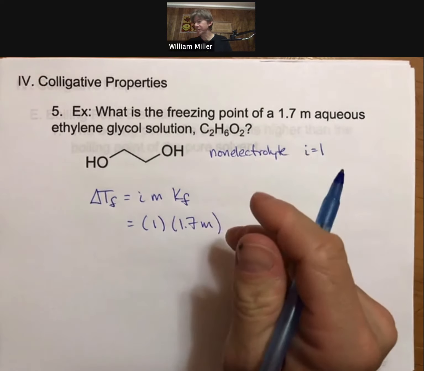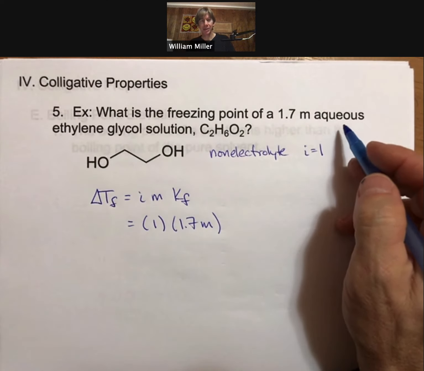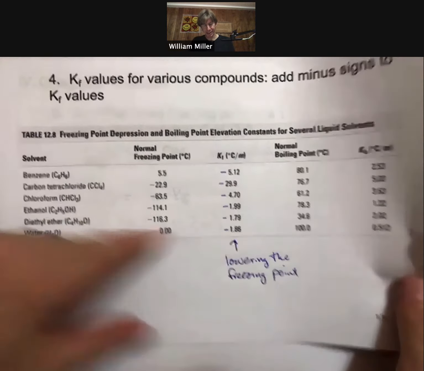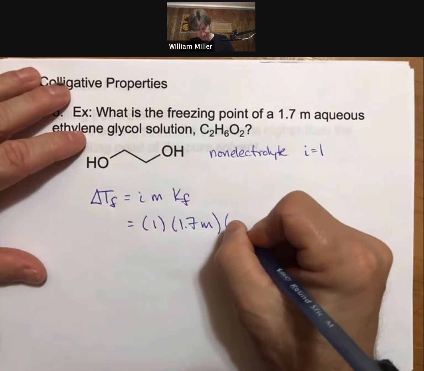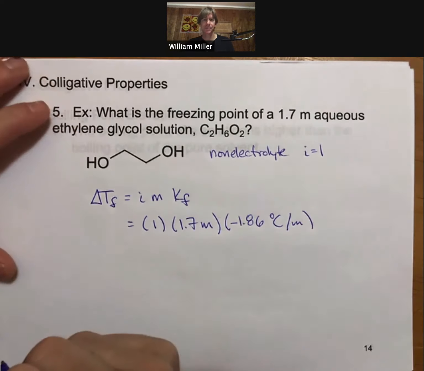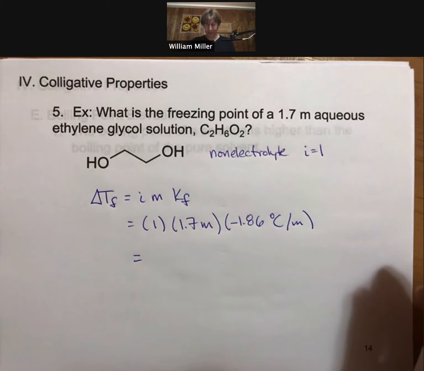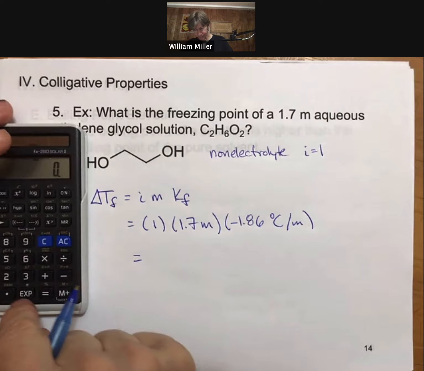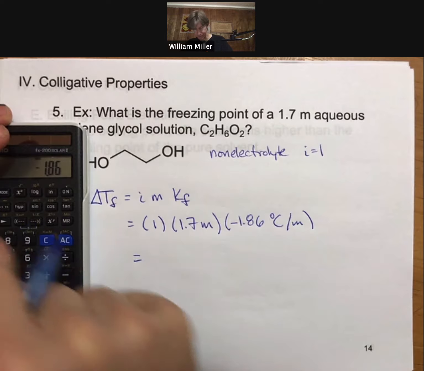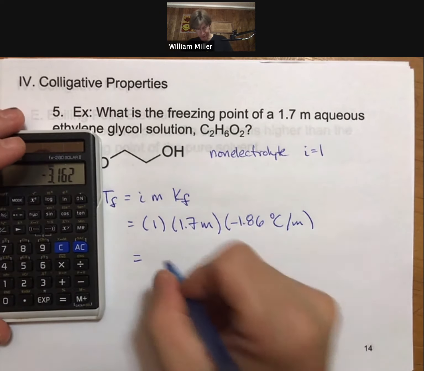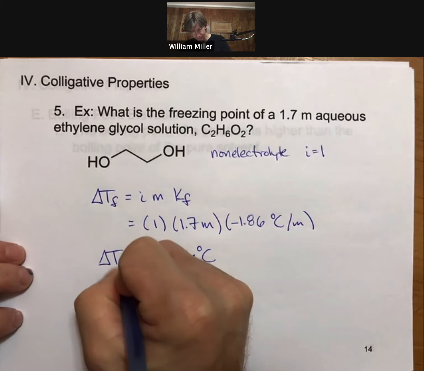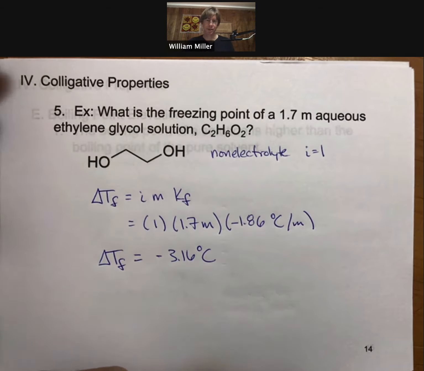And my Kf for aqueous, so water, is minus 1.86. And the units on that are degrees Celsius per molal. And we can calculate this. For minus 3.16 degrees Celsius as our freezing point depression.